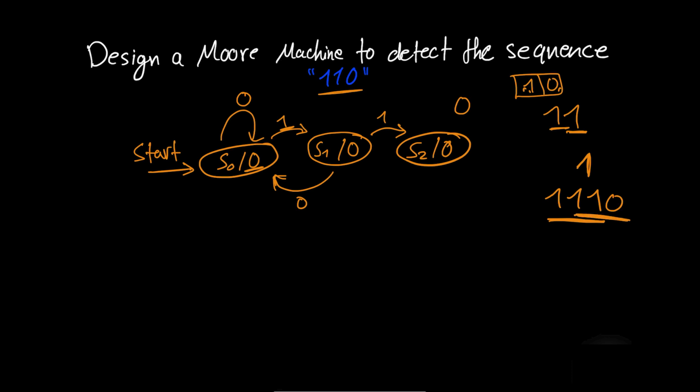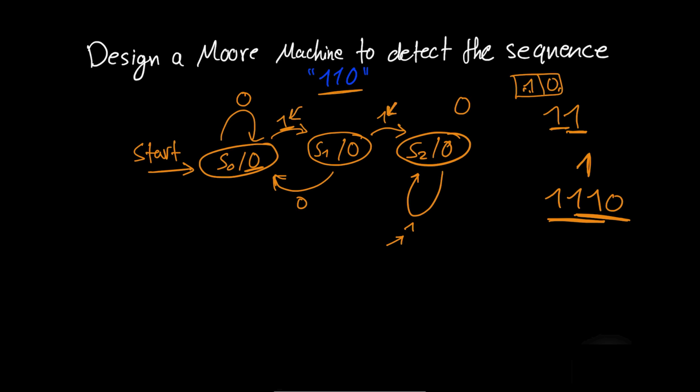So if you press a 1, nothing would change for us. Basically we would stay right here because we already inputted a 1, and now that we press a 1, it's the same as going 1 and then 1.